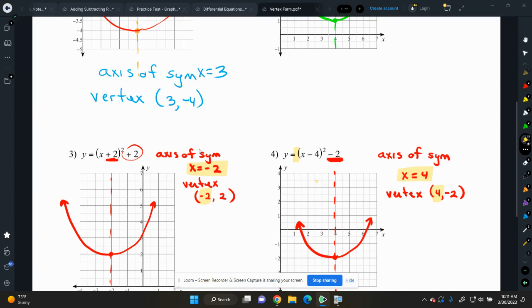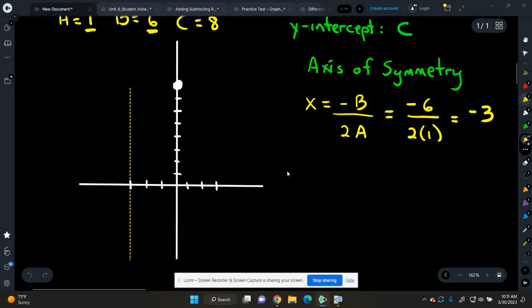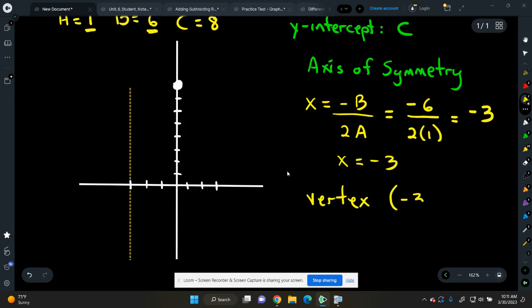Okay, let's go back to the problem we were just doing. We found the x equals negative 3. So now I'm going to look at my vertex. I know the x is negative 3. Does everybody understand that? Okay. Give me a fist of 5 on that part so far.